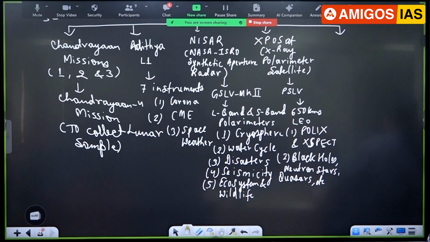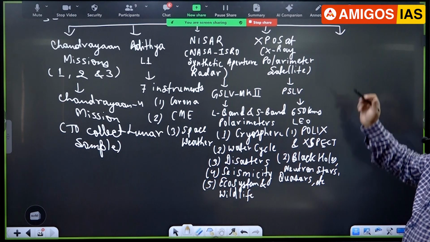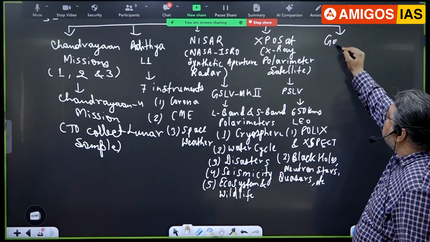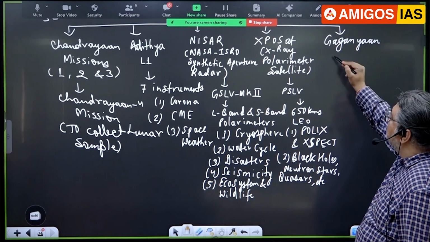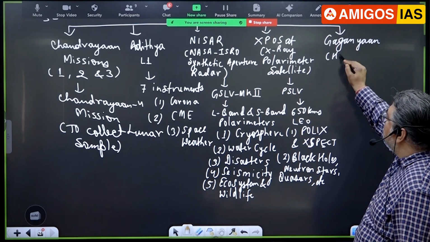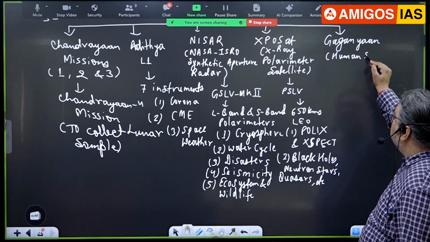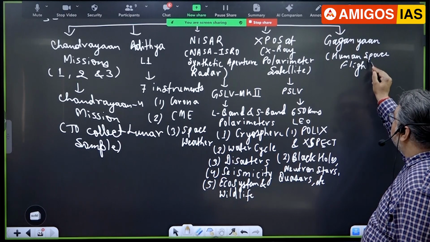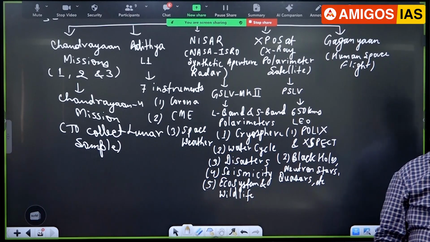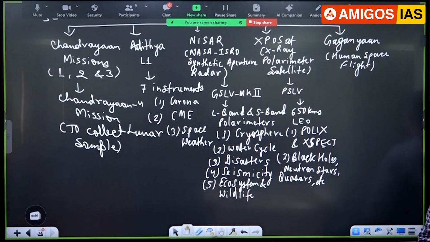And now tell me, which is the fifth very important mission of ISRO? Gaganyaan, human space flight. We are planning for next year.